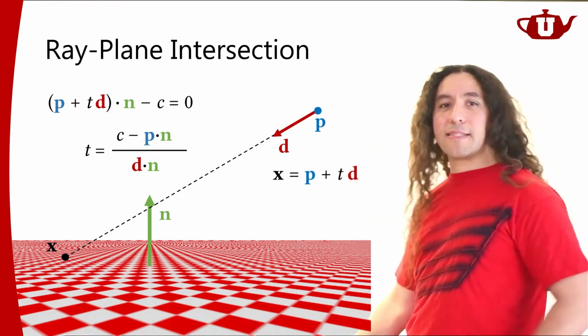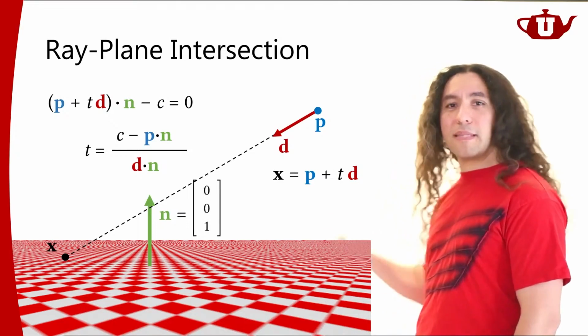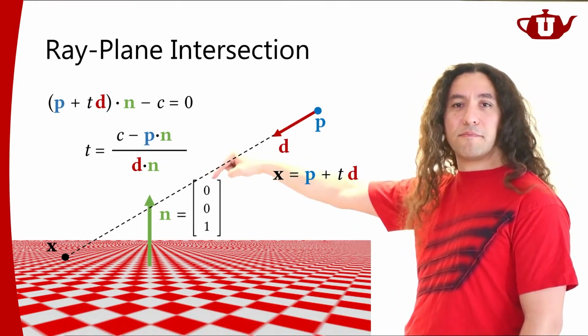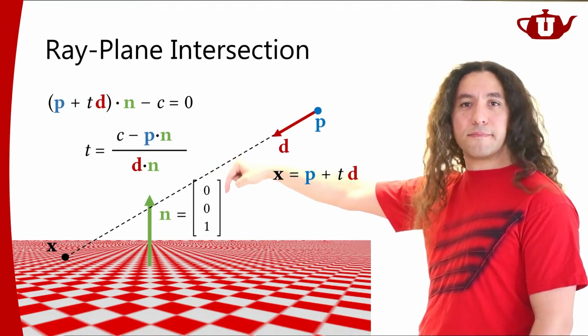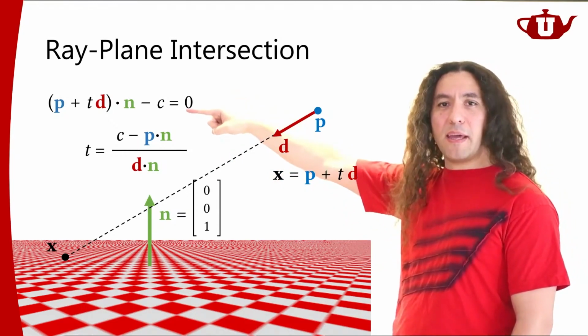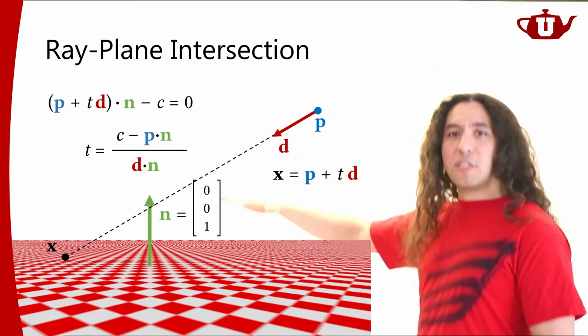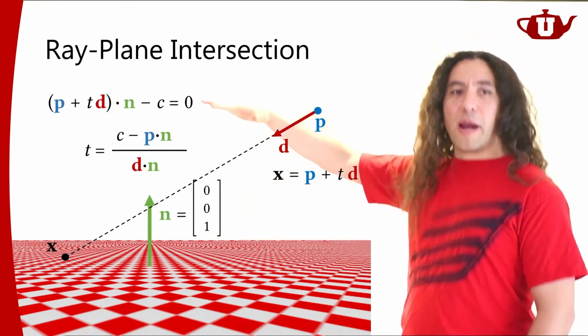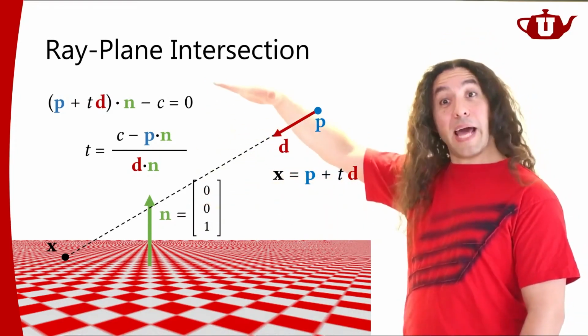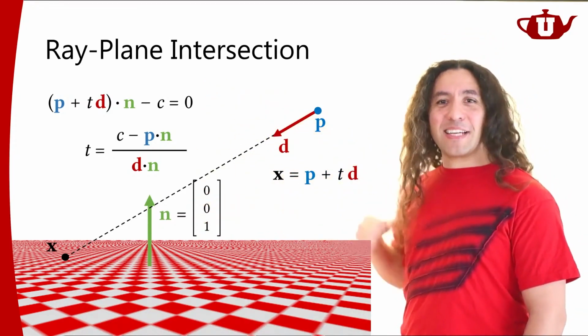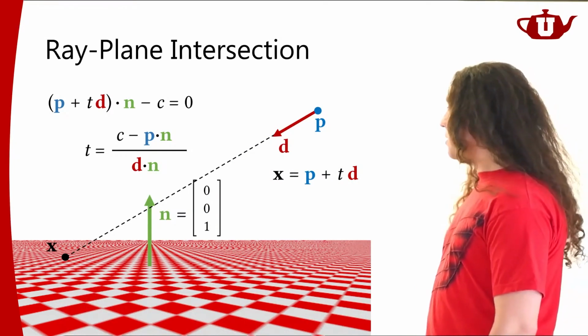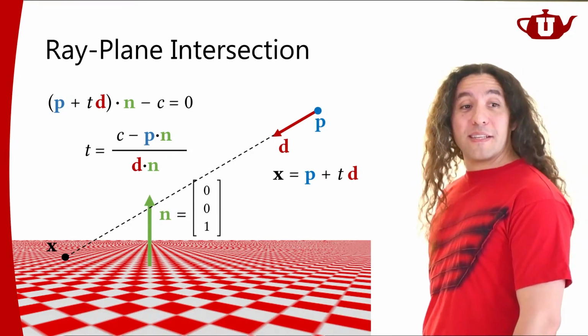So let's say that it is z. So let's say that this is my plane normal, 0, 0, 1. And c can be any value. I don't care about c. It's just going to determine where the plane is, its altitude, if you will, and the n is my surface normal. So what happens in this case?